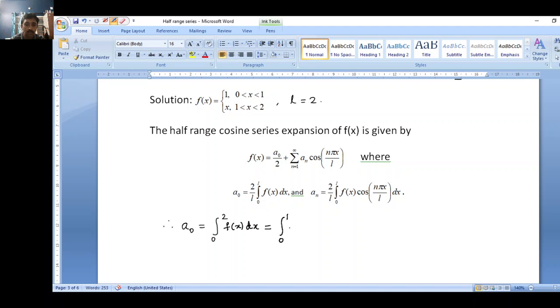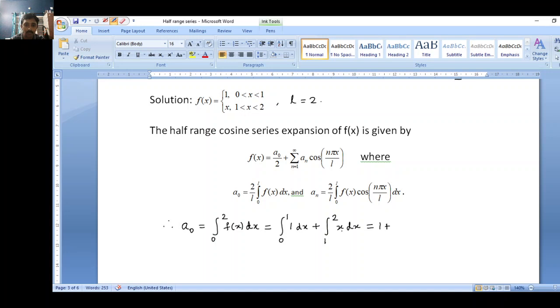So integral 0 to 1, and between 0 and 1 the function is 1, so this will simply be 1 dx. The second integral will be from 1 to 2, and for this we'll have to take f of x as x, right? Upon integration, the first integral will be x, and when you go for the limits, it will give you the upper limit as 1 and the lower limit as 0, right?